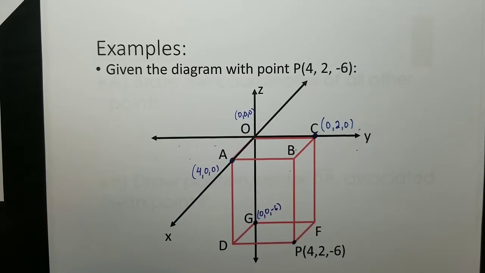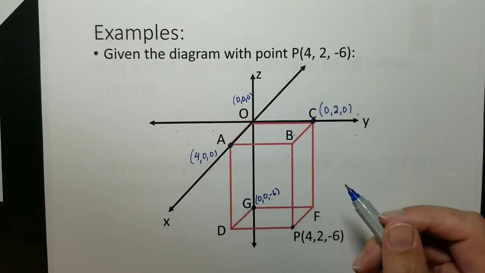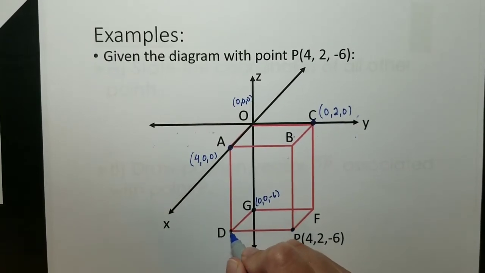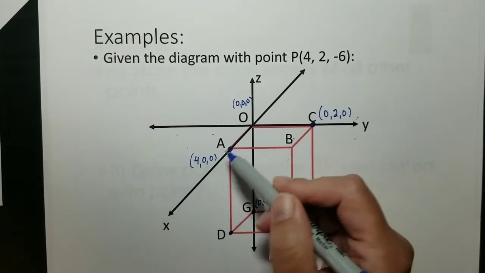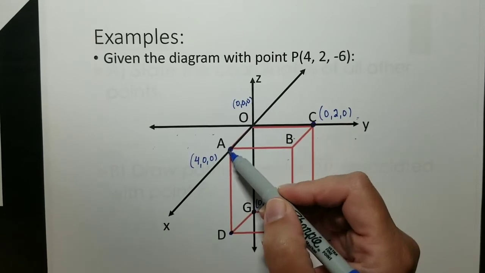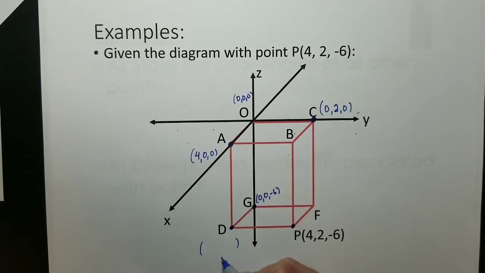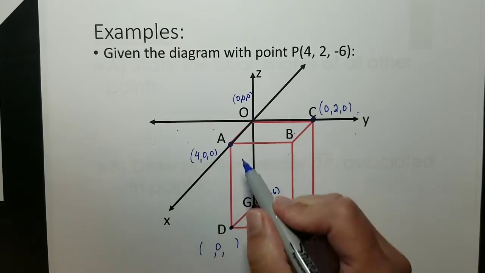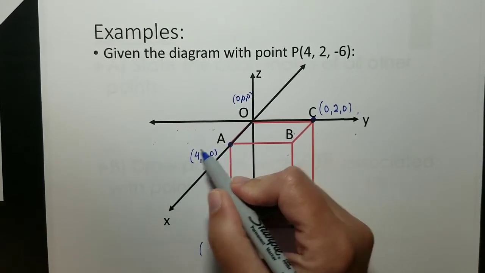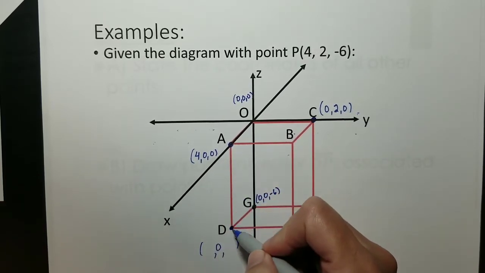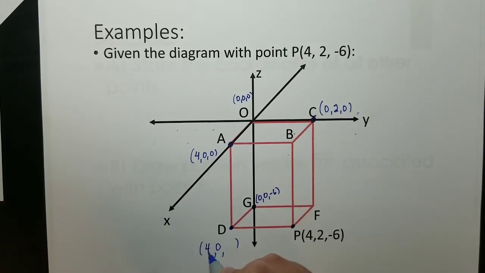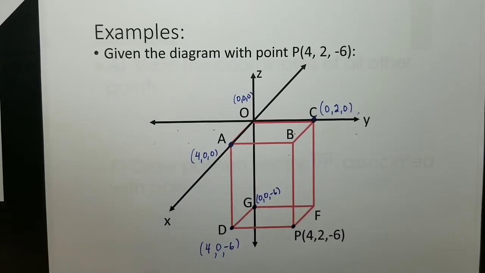The next 3 points, we have to identify which planes these are on. So D here, it's gone in the X direction and in the Z direction, but it hasn't moved in the Y direction. So it will have a 0 in the Y. So it has gone 4 in the X, it hasn't gone along the Y, but it went -6 in the Z. So that's 4, 0, -6.